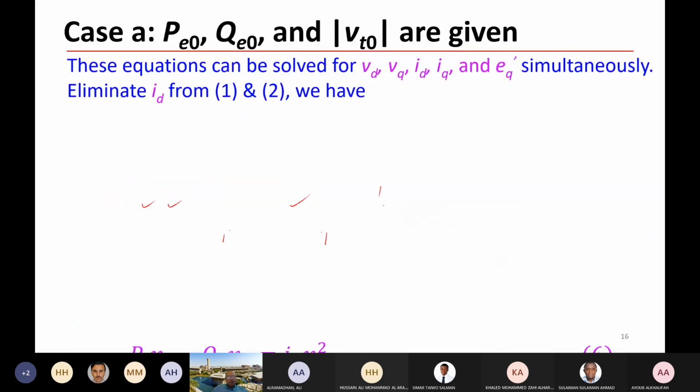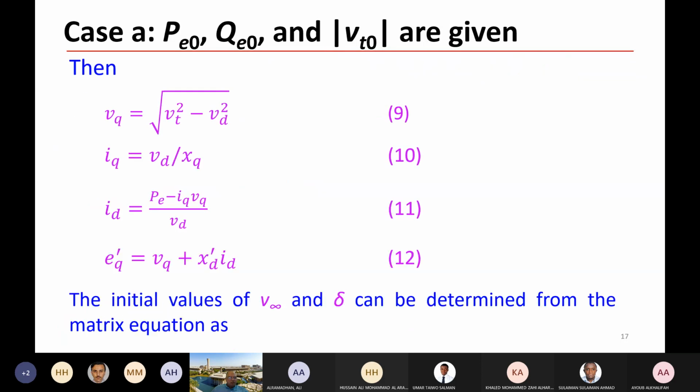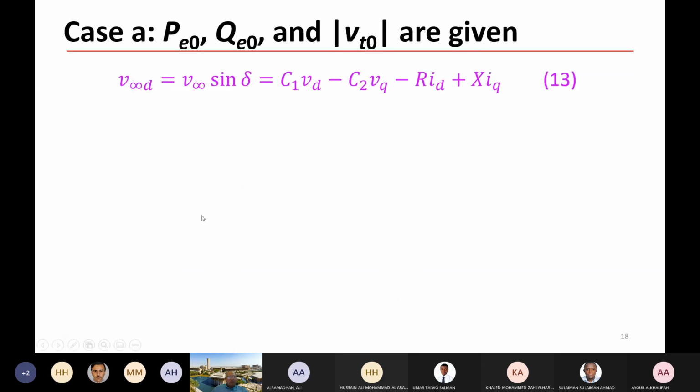So you can solve for all these quantities, and V infinity, from the first equation. If you multiply this R times ID, X times IQ, and so on, and combine them on one side, you get V infinity sine delta. C1 is known, VD is known, VQ, ID, IQ, all these quantities are known.